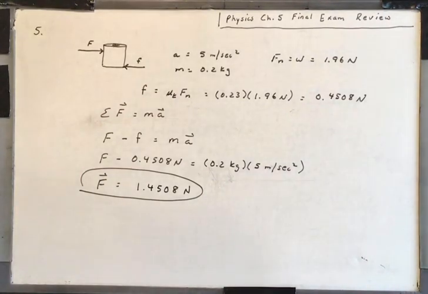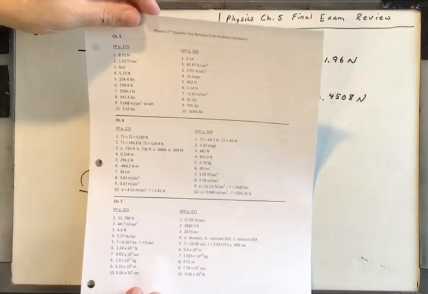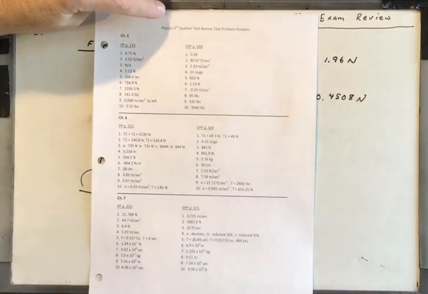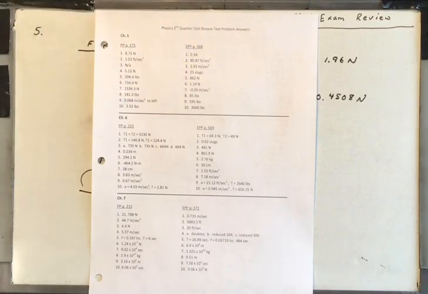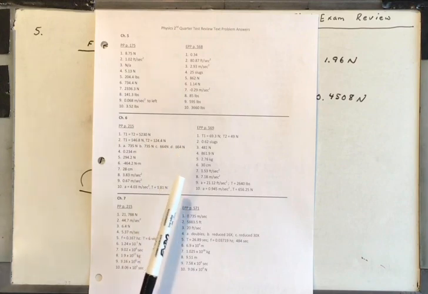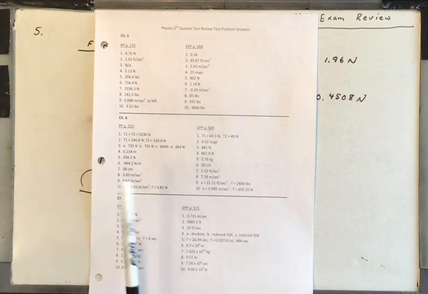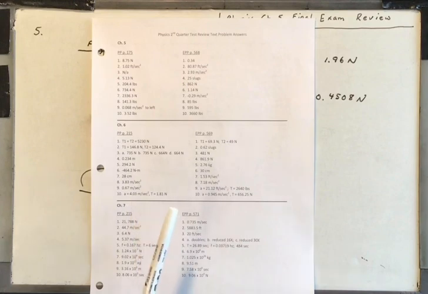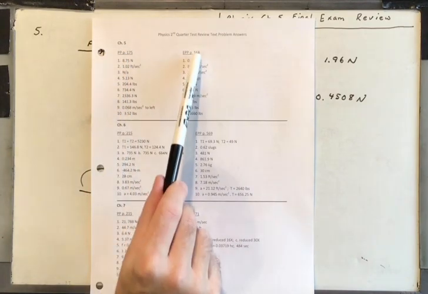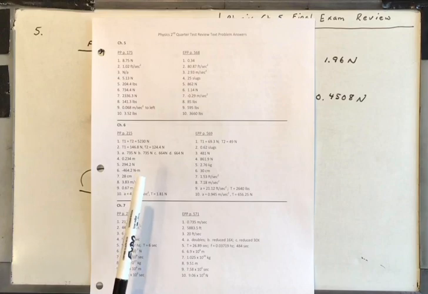And what you need to be doing now is, let me address this. In the files section, you have this sheet, the second quarter test review text problem answers. So the problems that you need to be reworking to prepare for the final exam are all the practice problems and all the extra practice problems in chapters 5 through 9.